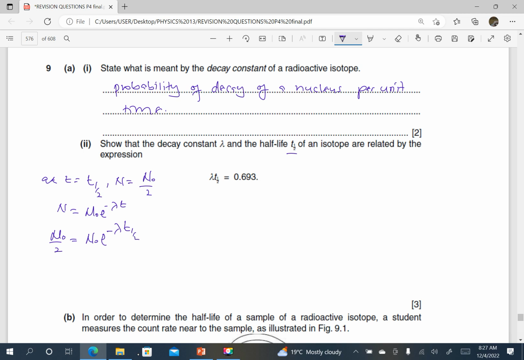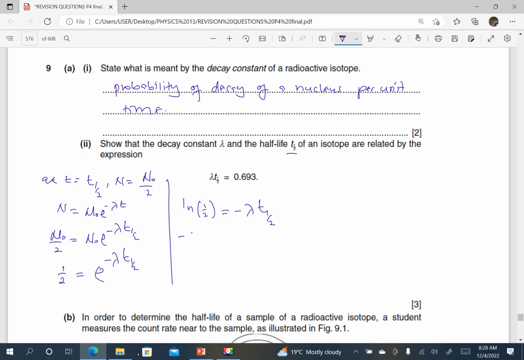So N0 has cancelled, we remain with a half equaling e power negative lambda times T1/2. So we introduce ln. So we have ln of half equaling, when you introduce ln to the right, you only remain with the power, so that will be negative lambda times T1/2. And ln of half is the same as negative ln of 2, or negative 0.693.